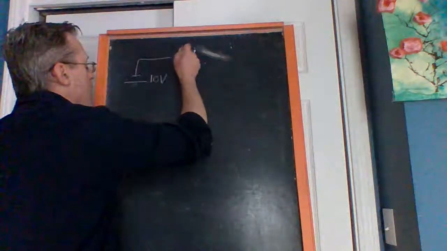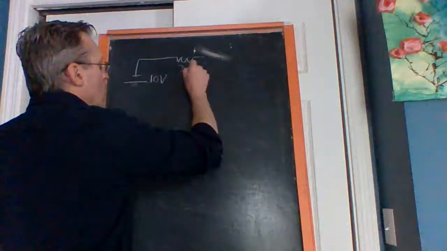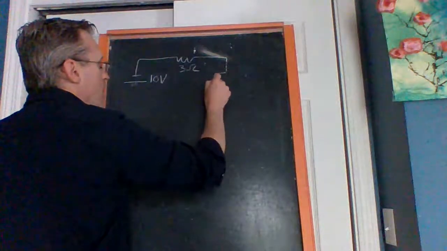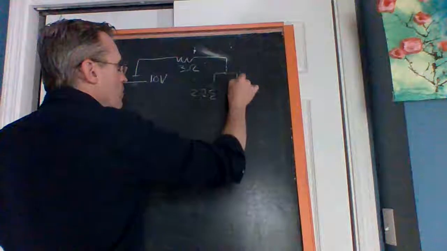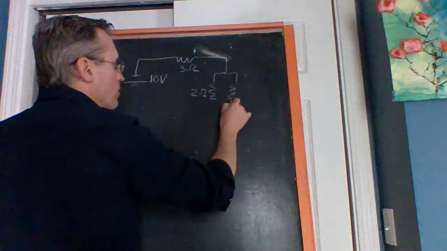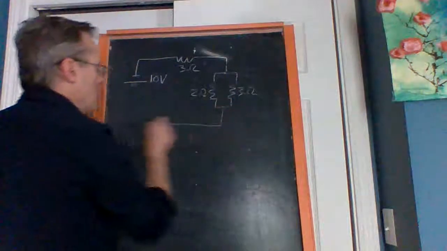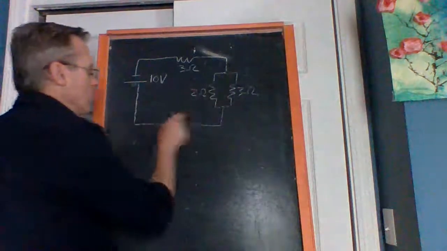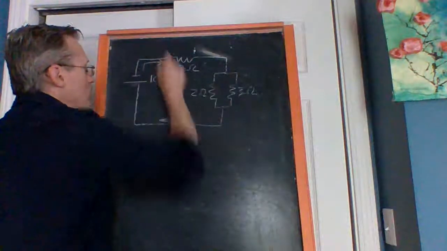And let's say I have a 3 ohm resistor, and then I have a 2 ohm resistor that's in parallel with a 3 ohm resistor, and that's it. Now, what's the total current I going through this circuit?